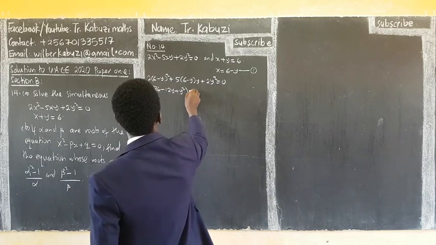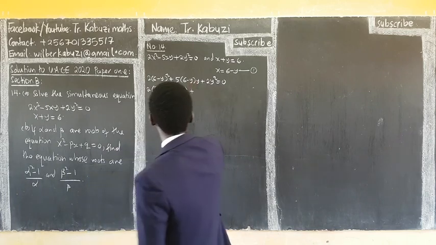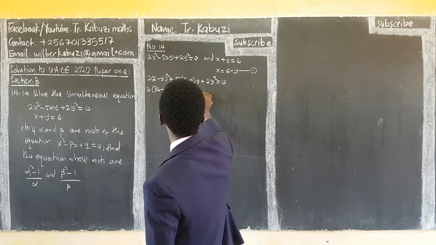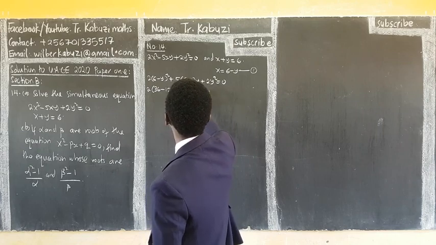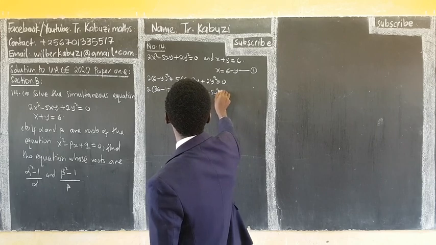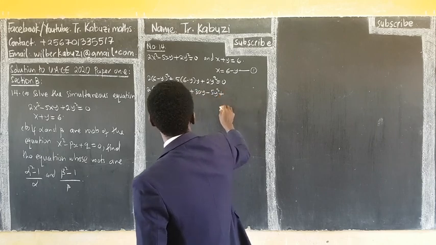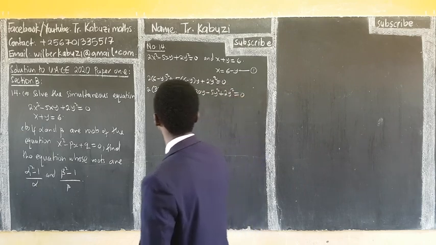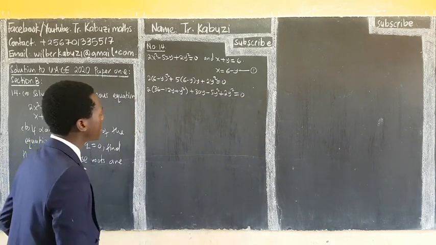Then plus 30 times y, minus 5y squared plus 2y squared equaling 0. So can you collect like terms?